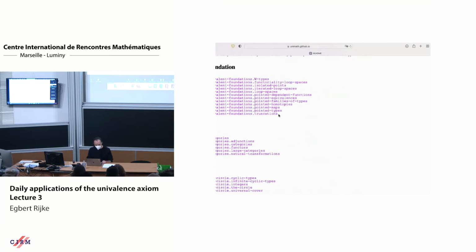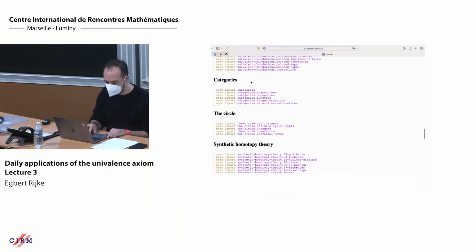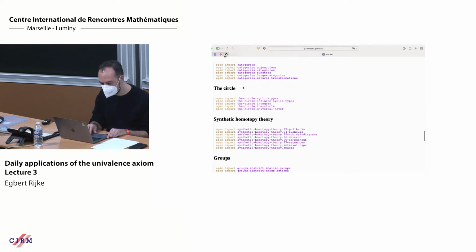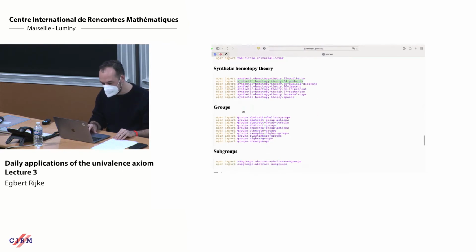Then this univalent Foundation is going to merge into the Foundation folder because it's all univalent, so I didn't want to make that distinction. There's a little bit of category theory, something about the circle. Way not enough synthetic homotopy theory. There should be much more of that.